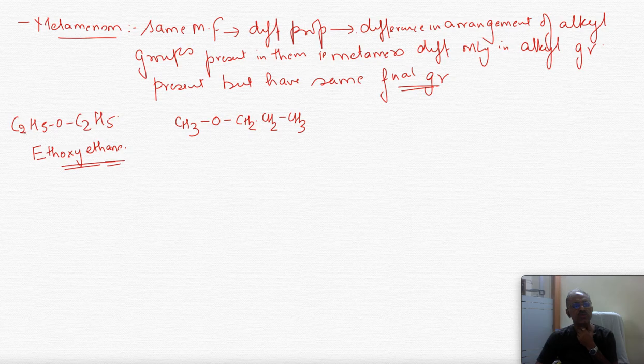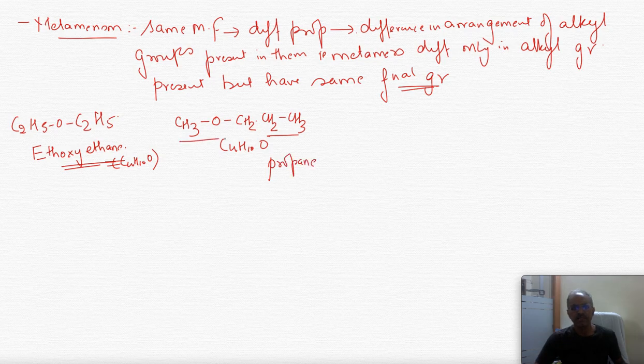See, it was C4H10O. Here it is 3, 4, 3, 7 and 3, 10. And one more, C4H10O. Here also C4H10. Fine. This is ethoxyethane. Now here the parent happens to be propane, so it will come last.